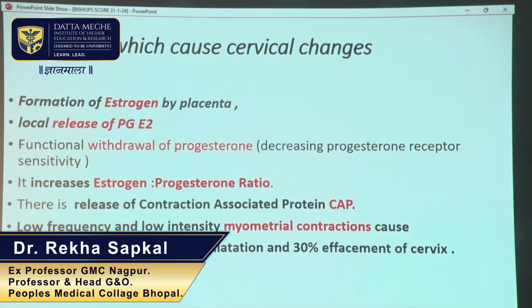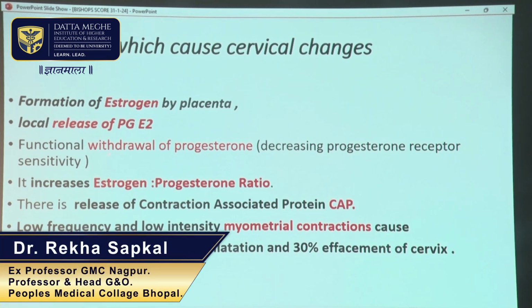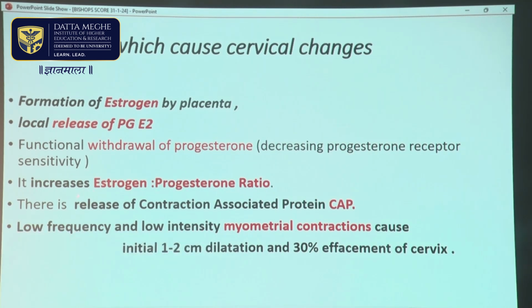First is estrogen formation by the placenta, which releases prostaglandin E2, and there is functional withdrawal of the progesterone hormone. Initially in pregnancy, the uterus is in the quiescent phase. With the onset of the activation phase, there is withdrawal of progesterone and the estrogen progesterone ratio increases. With this, there is release of contraction associated proteins.